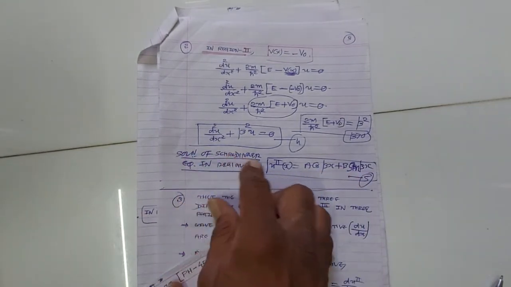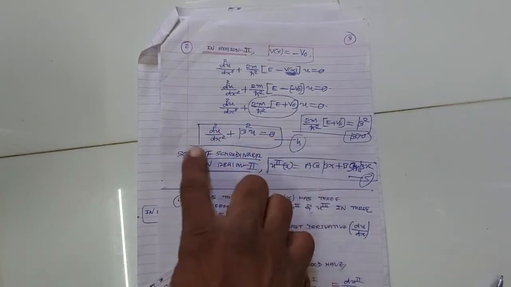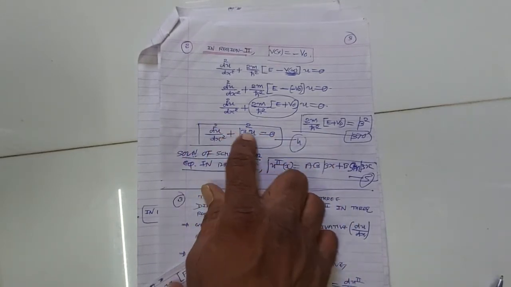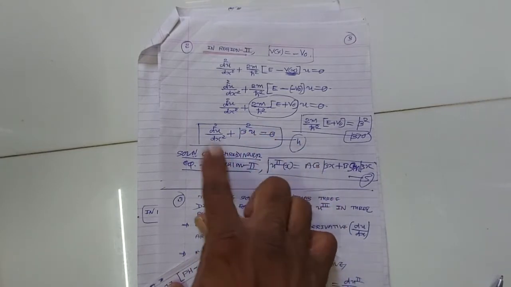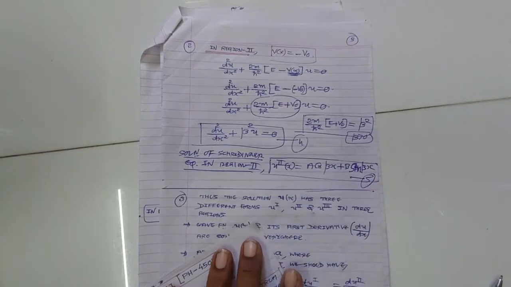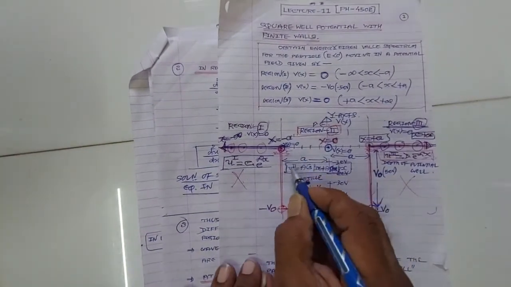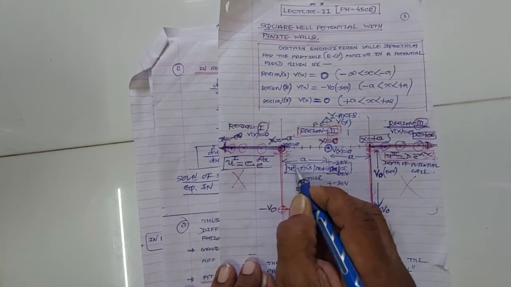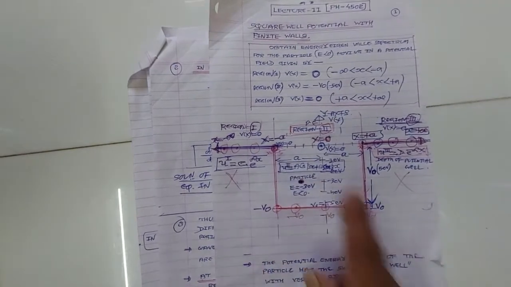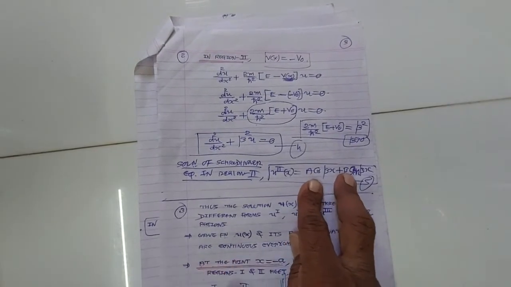So the solution of the Schrodinger equation d²u/dx² + β²u = 0 in region 2, that is u2(x), is A cos βx + B sin βx.